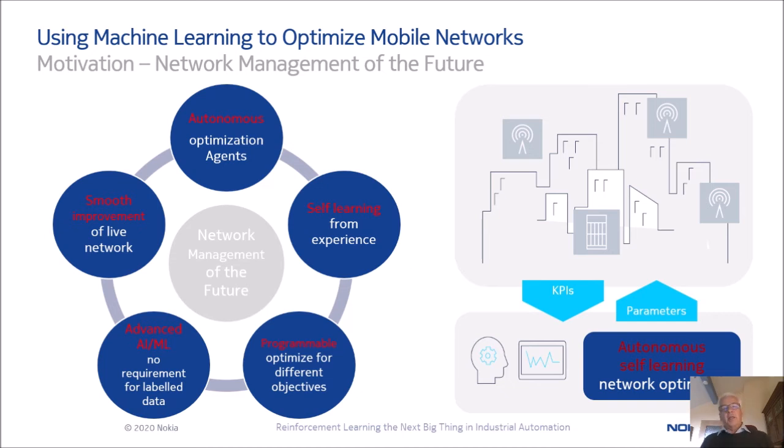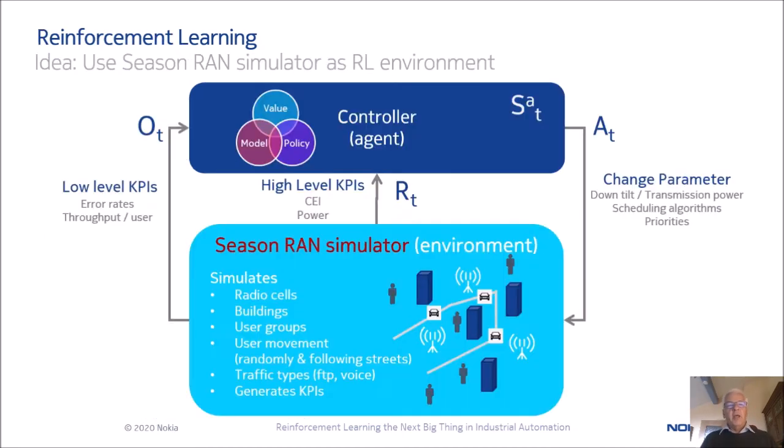Okay, so this is the basic idea of what we would like to achieve. Now let's take our knowledge of reinforcement learning and see how this could be combined with a mobile radio network. For the prototype we have been building in the last months, we took a simulator, because we didn't want to connect this directly to a real network.